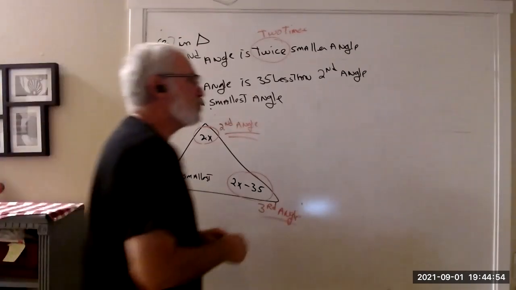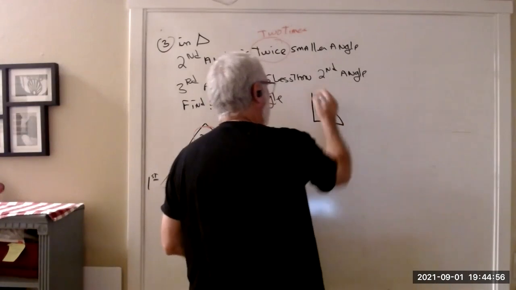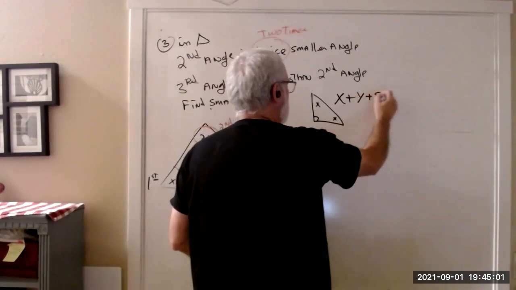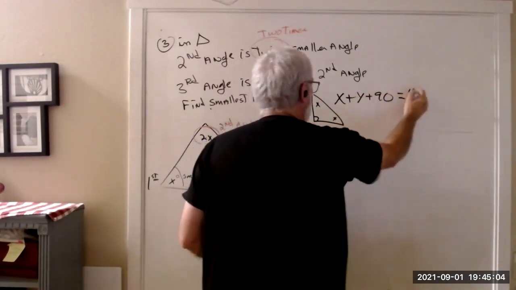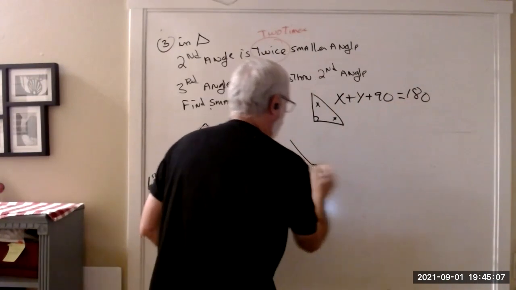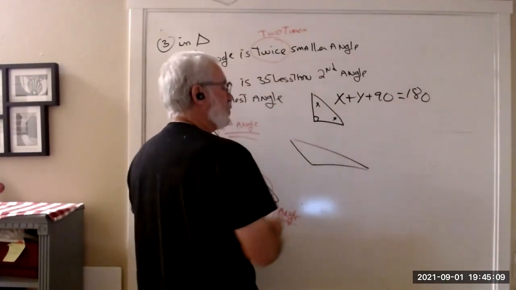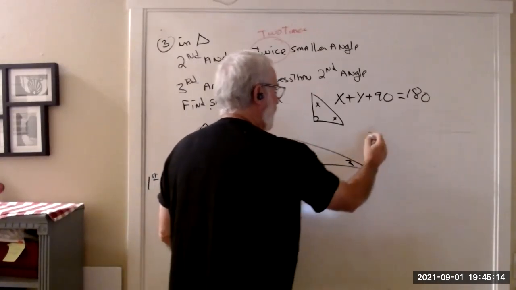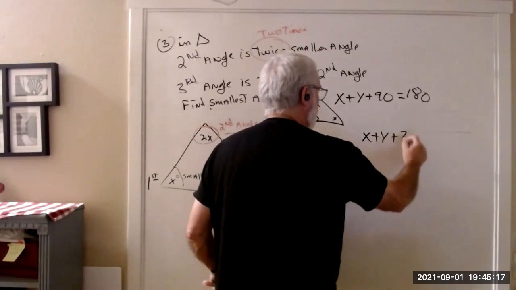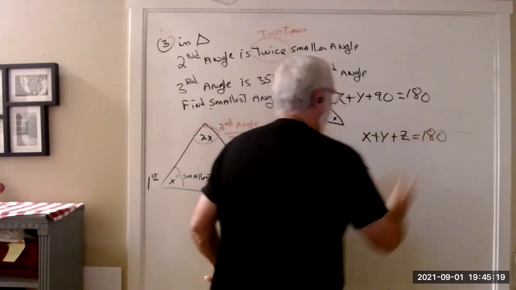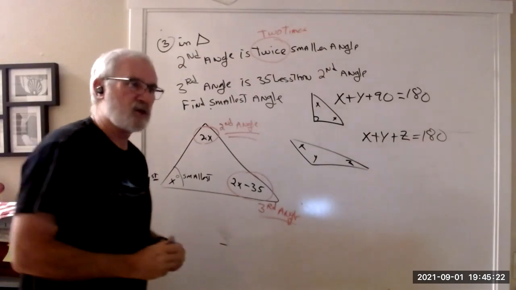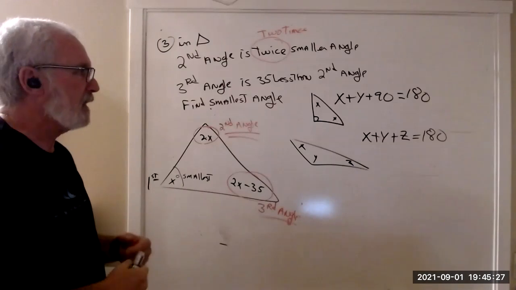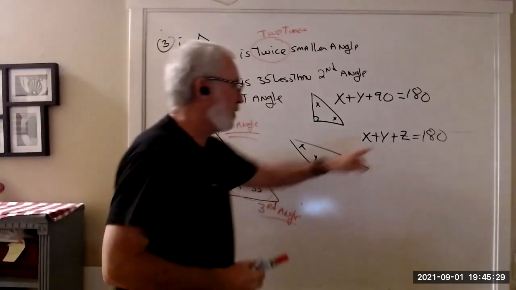No matter how you draw the triangle, if you draw a right triangle, you have X plus Y plus the 90 degrees has to equal 180. If you draw a bizarre obtuse scalene triangle, you have X, Y, and Z. The 3 angles, X plus Y plus Z, always equals 180. That's a fact of every single triangle in creation. The 3 angles always add up to 180 degrees.